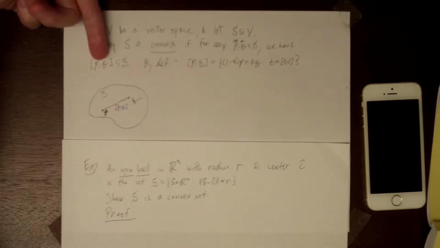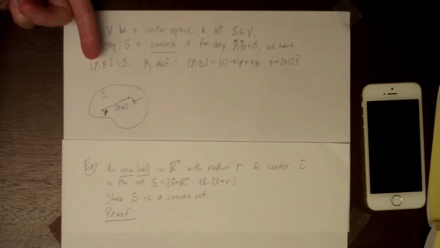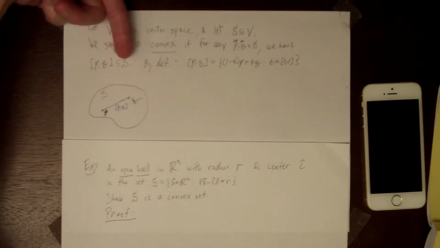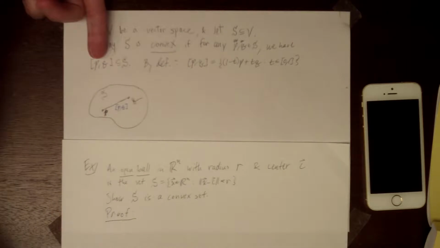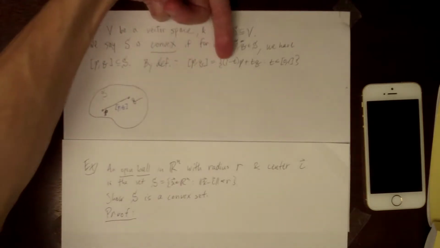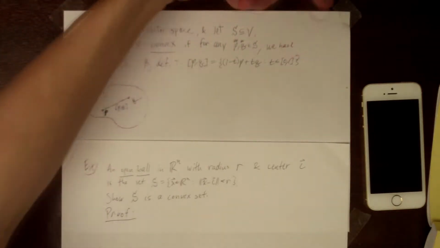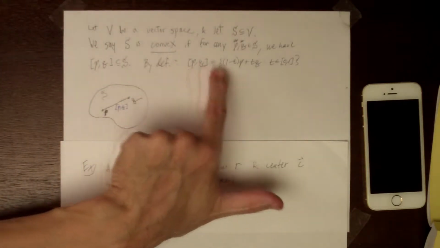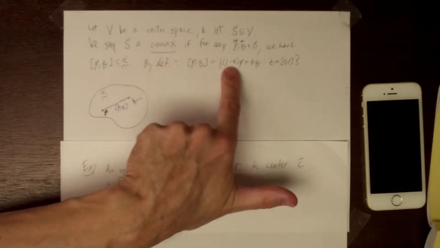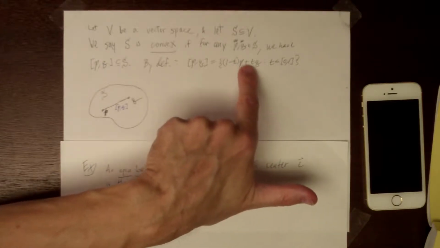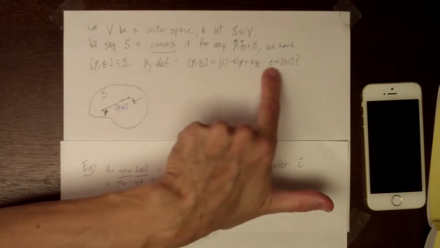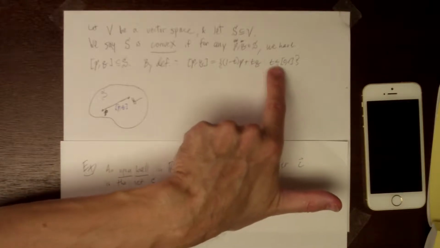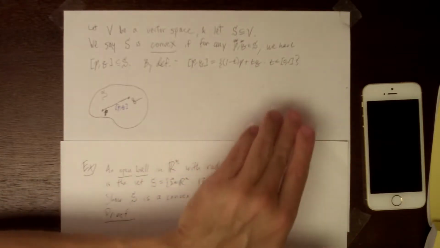To show that PQ is a subset of S means to show that anything that's in that line segment is an element of S. All right, well, the line segment from P to Q is, by definition, this set of objects here. So if you're in the line segment from P to Q, you're something of the form (1 minus t) times P plus t times Q for some real number t between 0 and 1, inclusive.